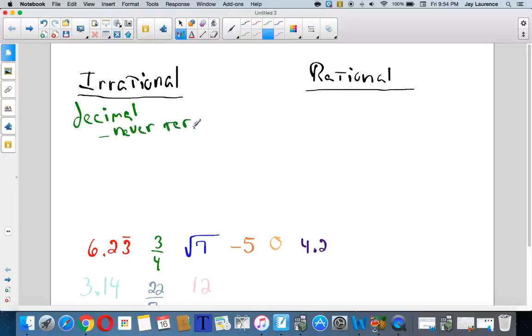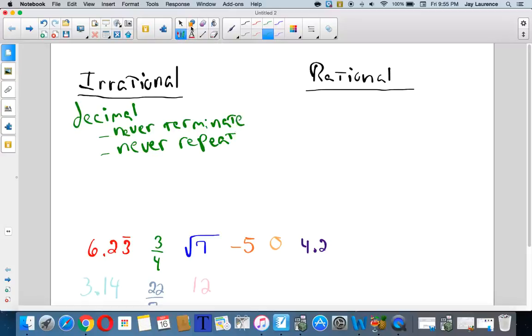Irrational numbers never terminate, which does mean they go forever. But that's not enough to make one irrational. A number to be irrational also has to never, never, never repeat. Never terminate and never repeat.